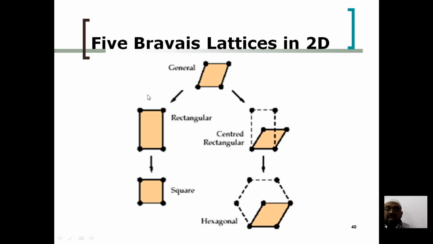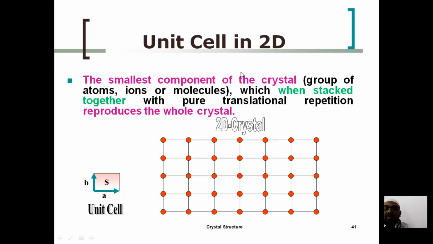In 2 dimensions, if you arrange in this fashion, 1, 2, 3, 4 and 5, you will find that the environment with respect to the neighboring atom, molecule or ion is identical. If this is the case, we say this particular arrangement is a Bravais lattice. Indeed, in 2 dimensions you can arrange the Bravais lattices such that the environment with respect to the neighboring atom, molecule or ion will be identical.